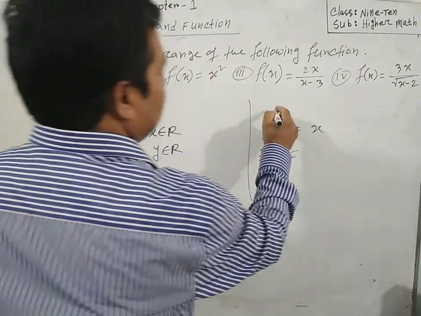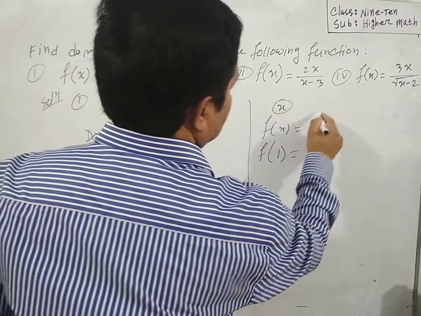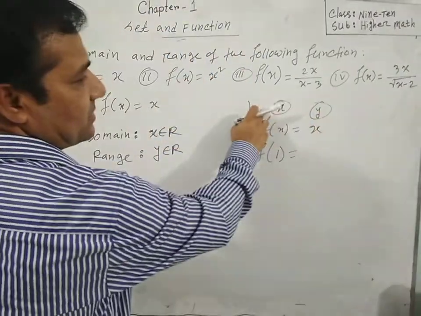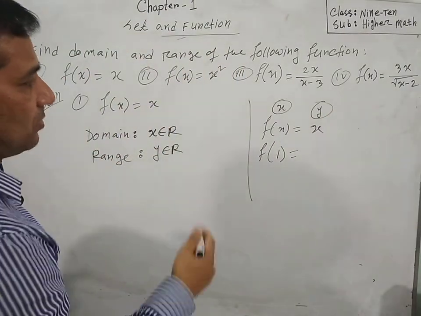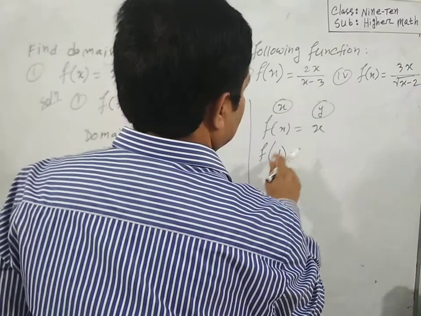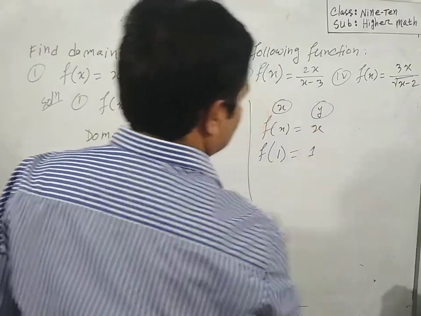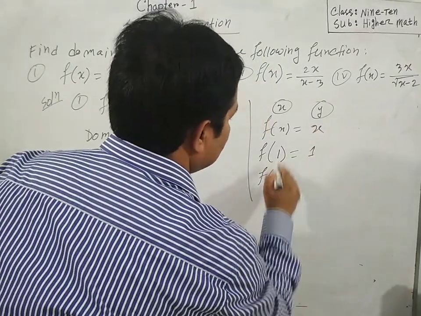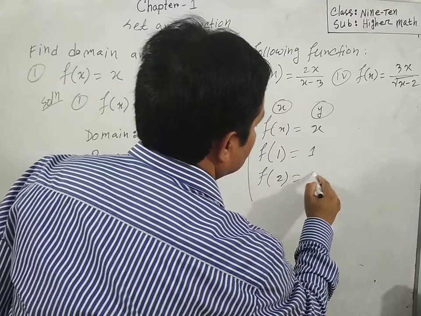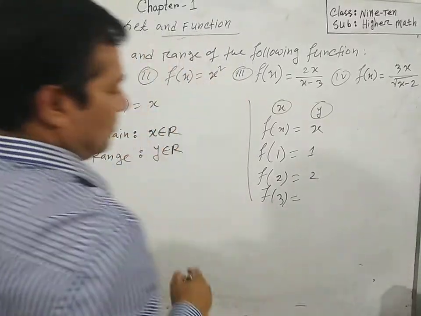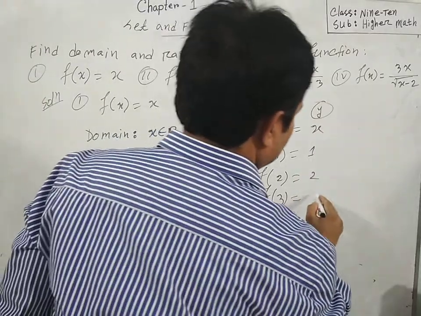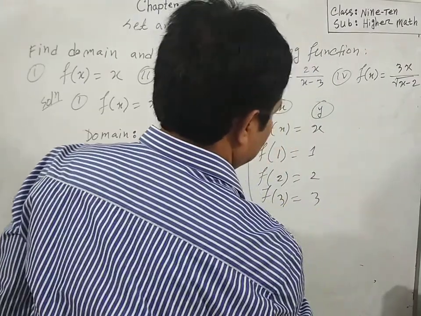Here x input values, y output values. When the value of x equals 1, then value of y equals 1. When x equals 2, y equals also 2. When x equals 3, y equals also 3.